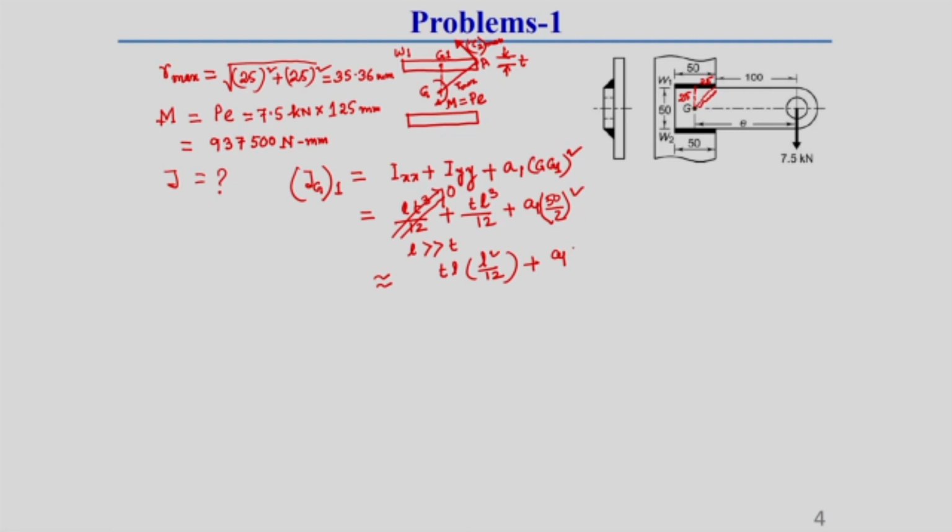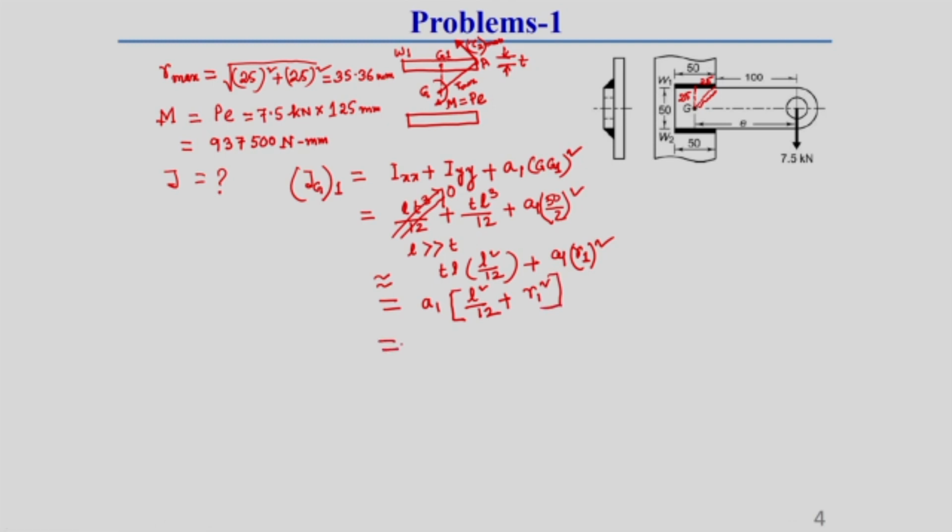Let this distance I am representing in terms of R1, so this will be R1 square. Here T into L is the weld area, let A1 I am representing. So, A1 I am taking common, L square by 12 plus R1 square.